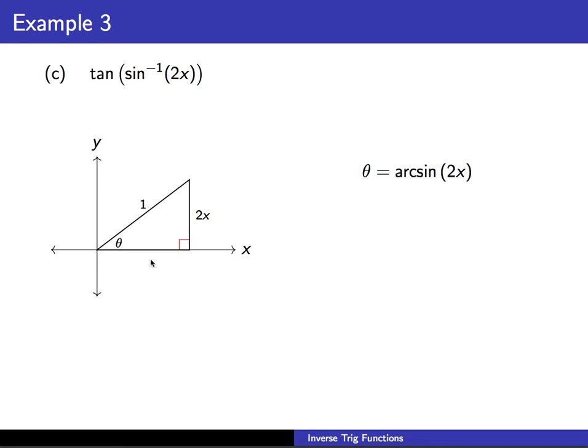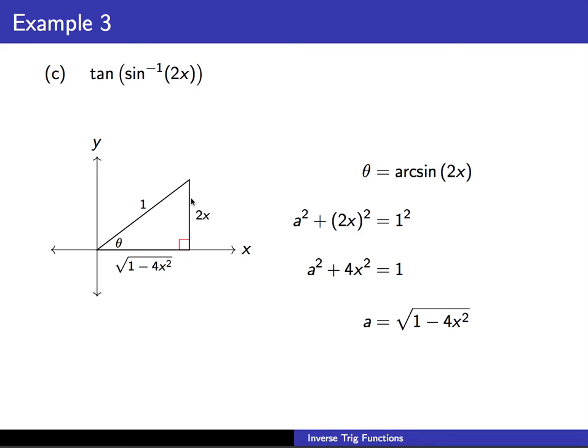We can call it a once again, and a squared plus the quantity 2x squared equals 1 squared. Remember, when you square 2x, you don't get 2x squared, you actually get 4x squared, because you have to square the coefficient as well. 2x times 2x is 4x squared. So if we subtract 4x squared from both sides and then take the square root, we get a, the adjacent side, is the square root of 1 minus 4x squared.